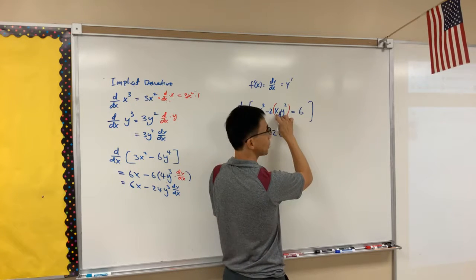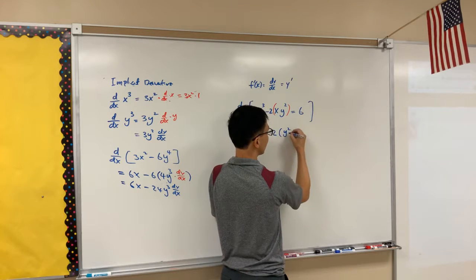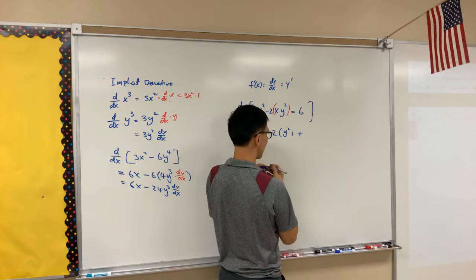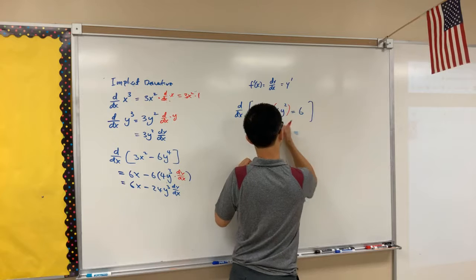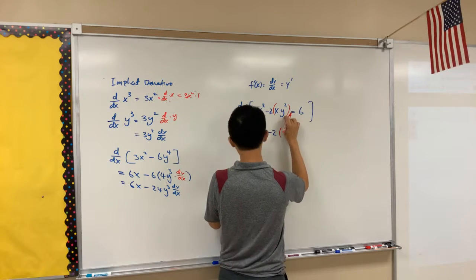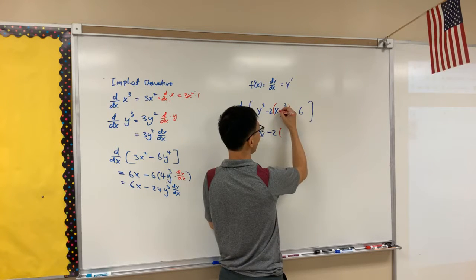If I take a derivative of just the red part, what am I going to get? The derivative of x with respect to x is 1, so y squared times 1, plus... there's a product rule here because x times y squared is a product.